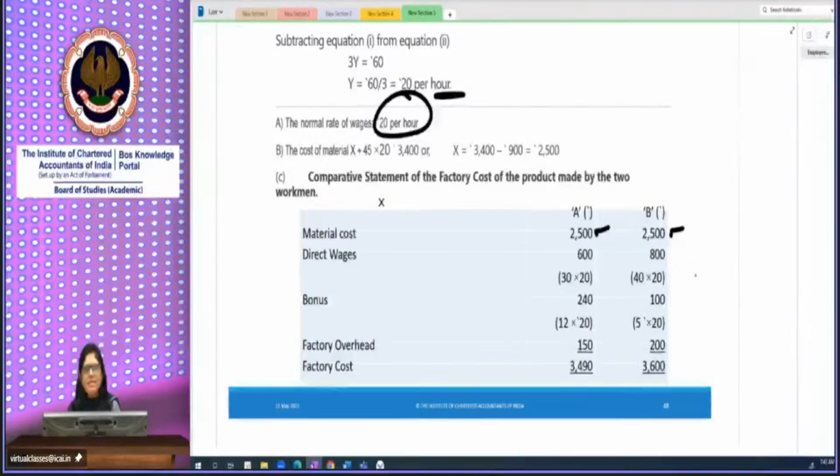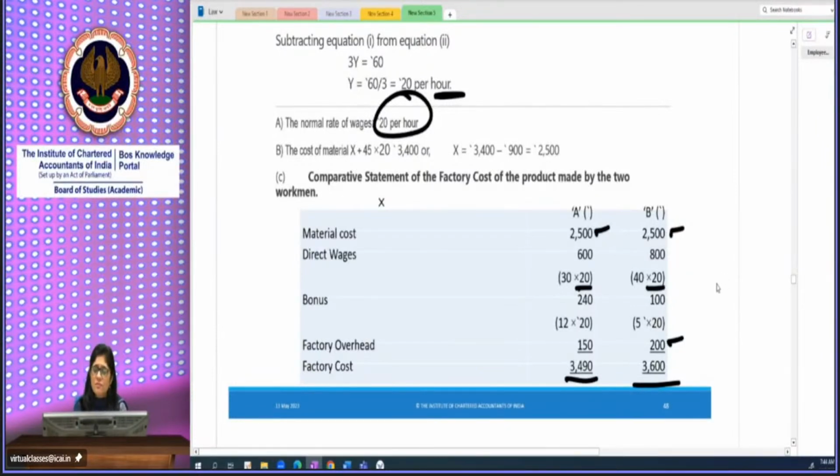So material both are same because they both are using the same material. That is why. Direct wages, again, you just replace Y with 20. Wherever Y is used, use 20. And you will get the direct wages, you will get the bonus. And factory overheads are already there. So the total factory cost will come out to be same.